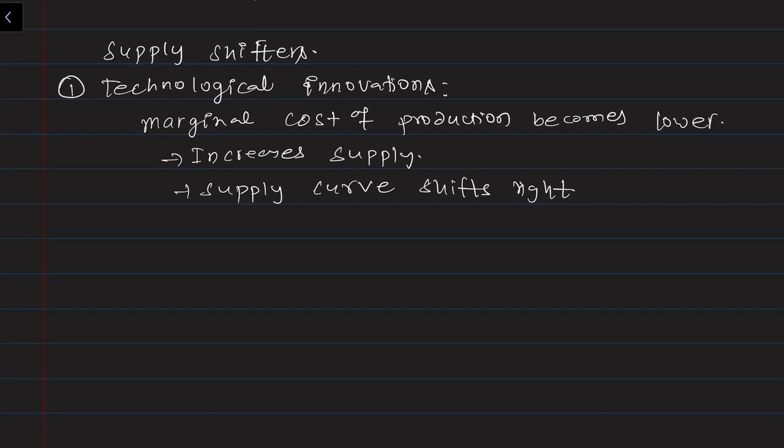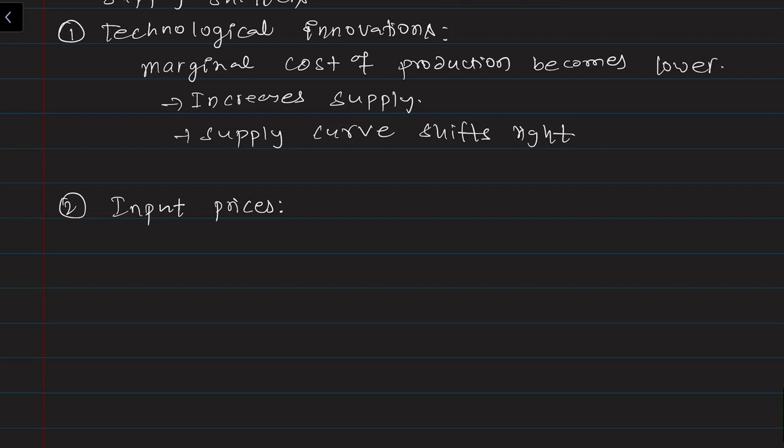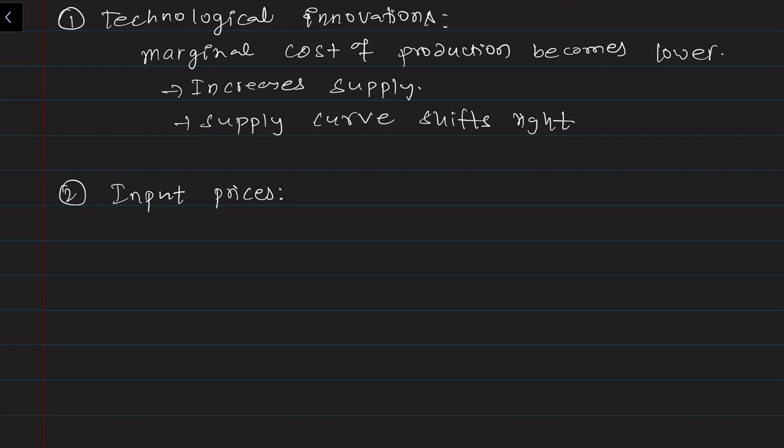Our next factor is input prices. Inputs are basically the goods which are used to produce our final output, final goods. So whenever there is a decrease in the price of input, the marginal cost to produce the good also decreases, right? And this will lead to the increase in supply.